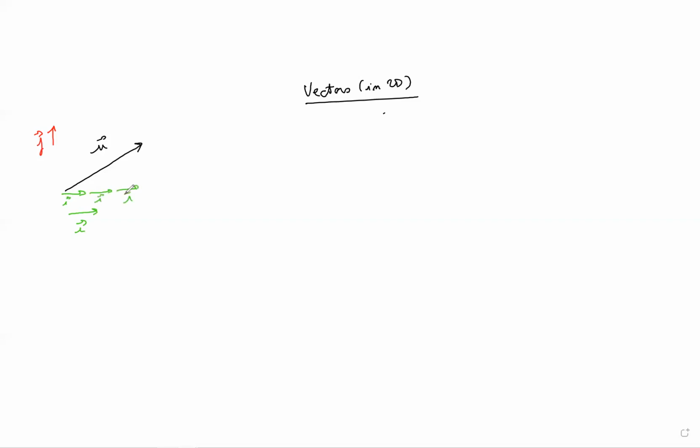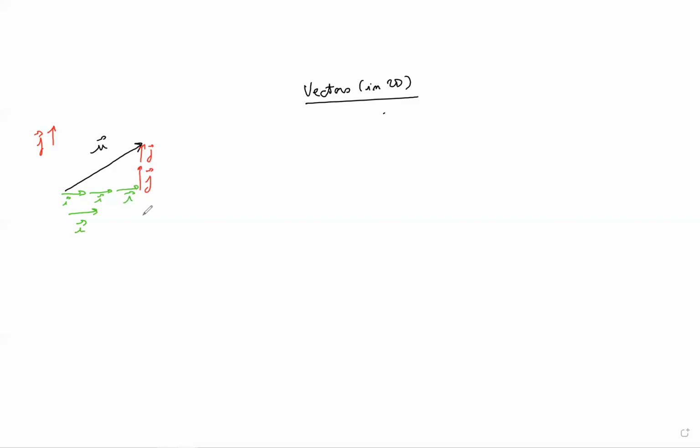It takes 3 vectors I, and it takes, for example, 2 vectors J. Of course, if it goes downwards, it will be -2 vectors J, okay?